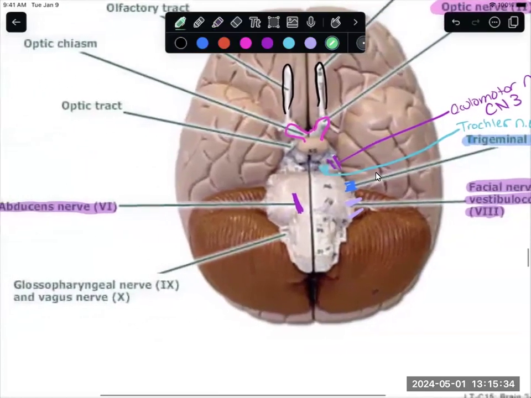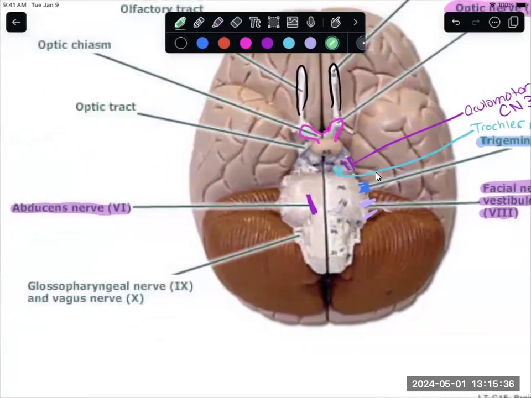Cranial nerve 9, that glossopharyngeal. It's right there. Cranial nerve 10, vagus. It's here. Glossopharyngeal goes to your tongue, allows you to move your tongue.